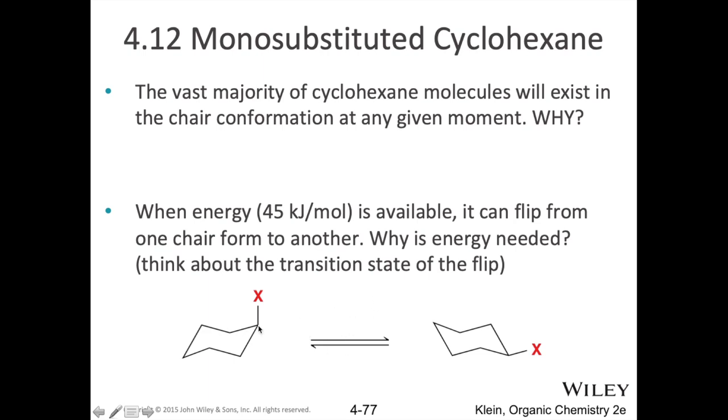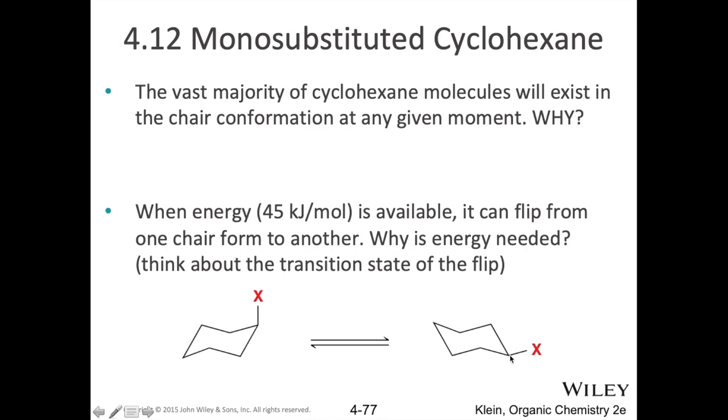Notice that when this carbon is upwards, the group that's upwards on it will be axial. Remember, up, up, it's axial. When we do a ring flip, this carbon is pointing downwards now, but the group still attached to it is upwards.